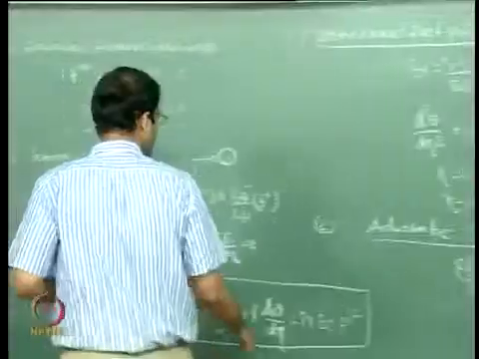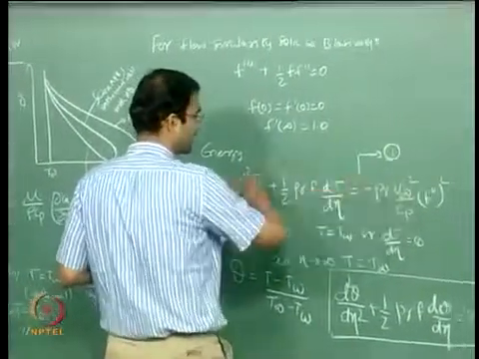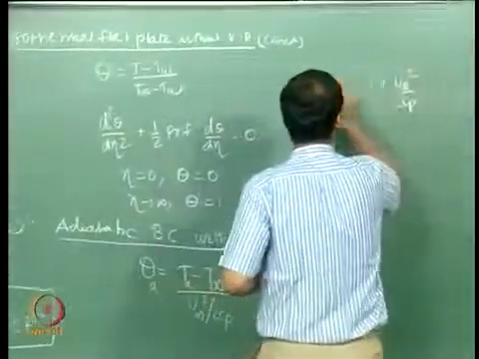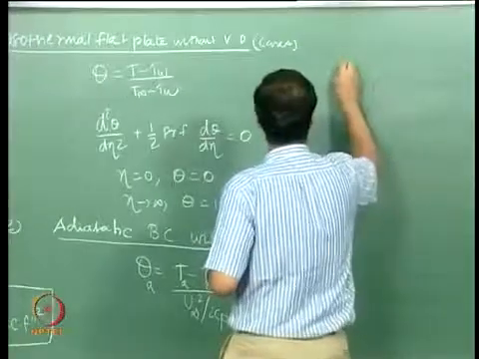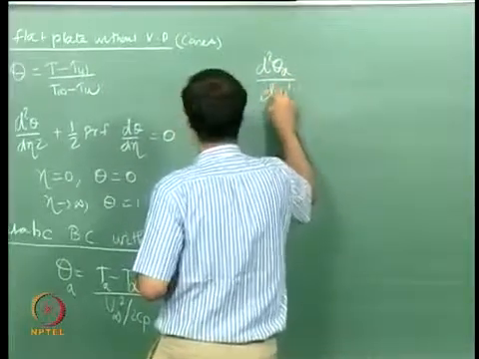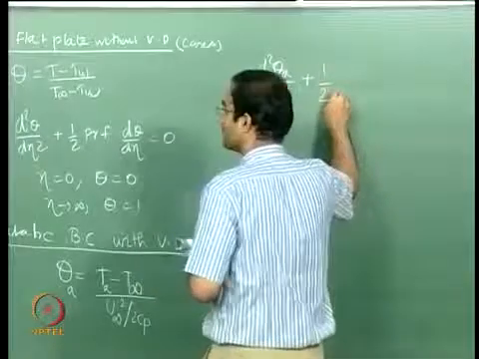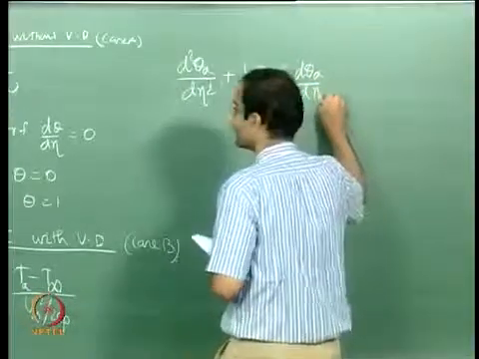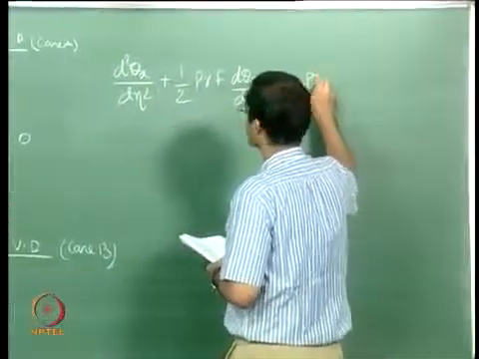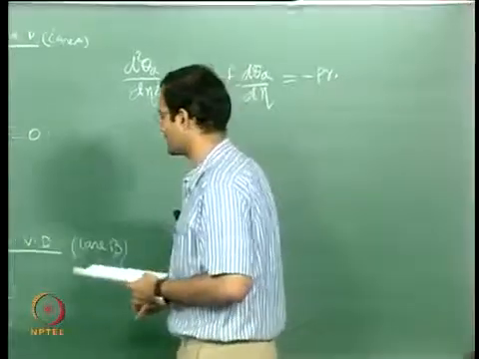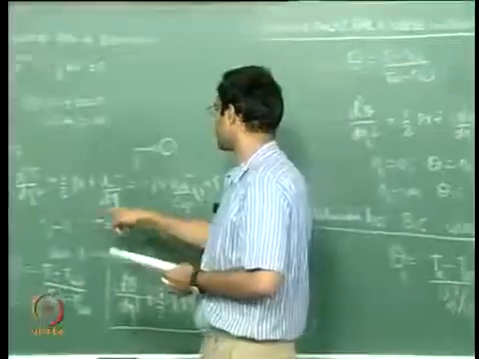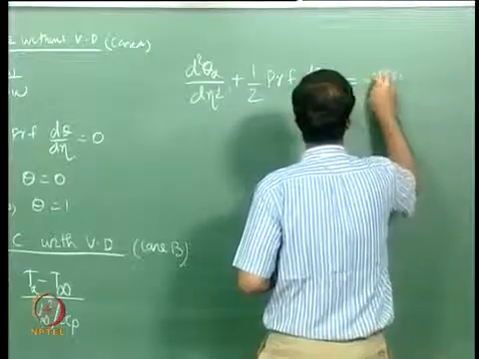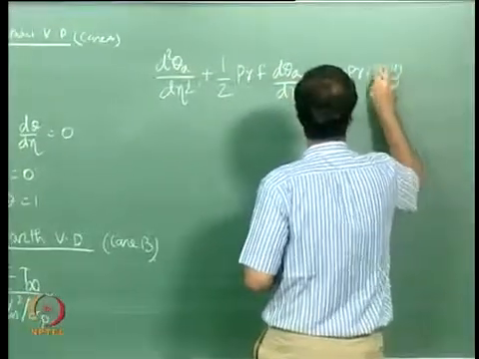So I am going to substitute now for T A into this and write in terms of theta. That will give me d square theta A by d eta square, and you have u infinity square by Cp, and when you substitute there is a u infinity square by 2 Cp, so finally you will be ending up with minus 2 times Prandtl number into f double prime the whole square.